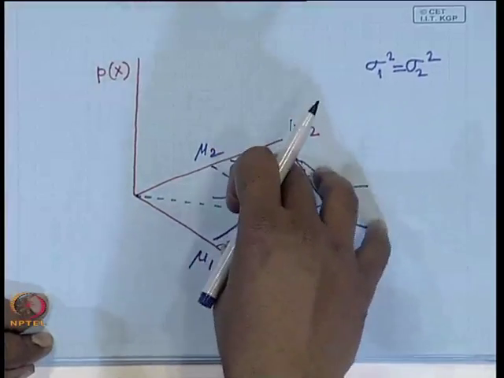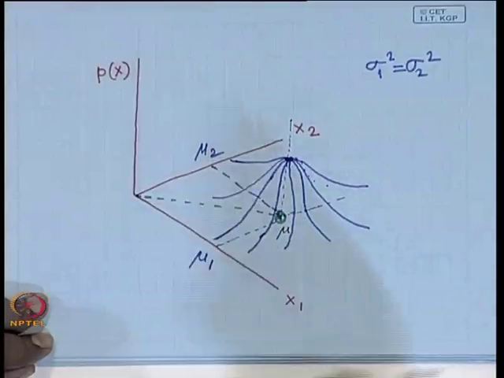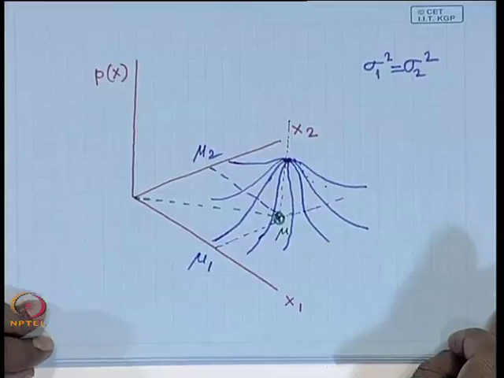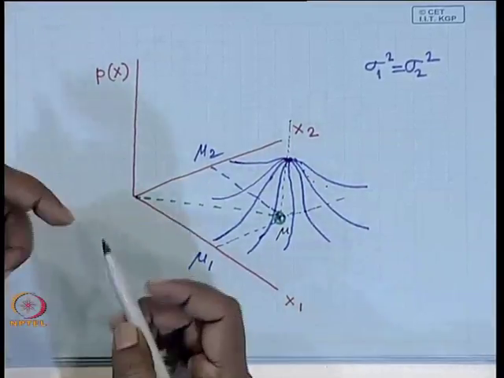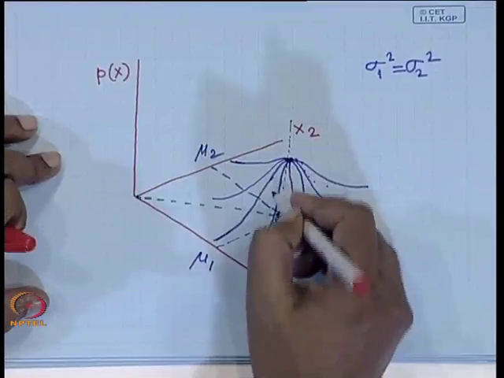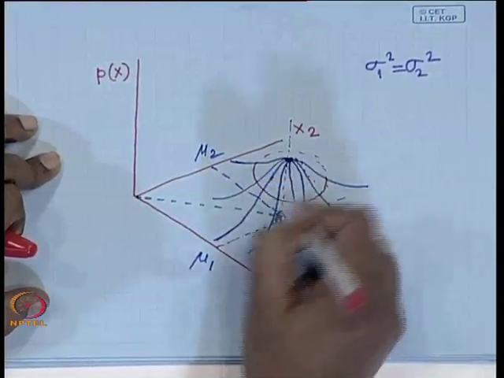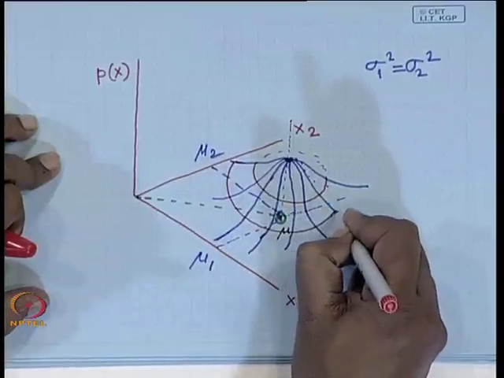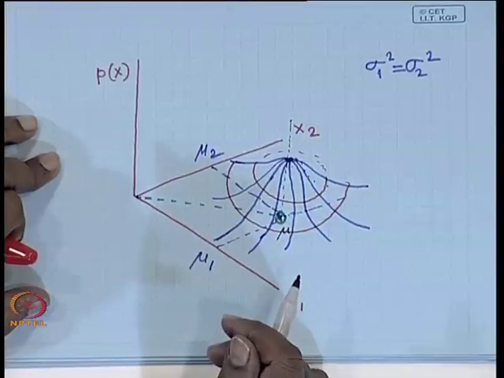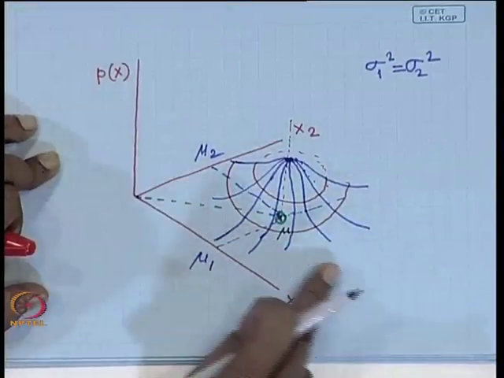Now, given this surface of this bivariate probability density function, if I now try to trace the loci of points of constant density, that means all those values of x for which P x is constant. Okay. So, those loci will be nothing but circles, something like this, because along this the value of P x will be constant.